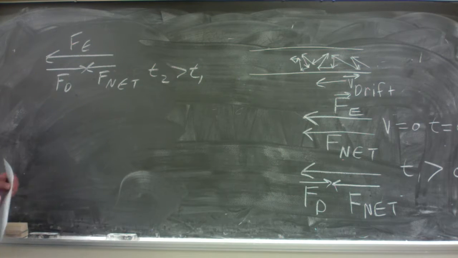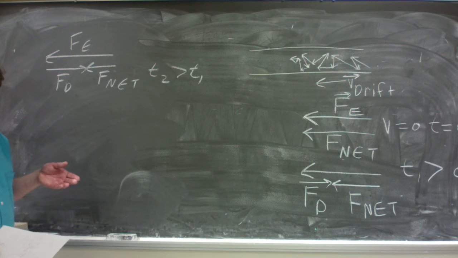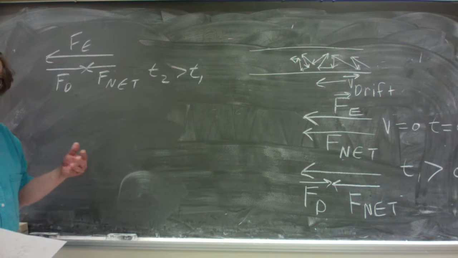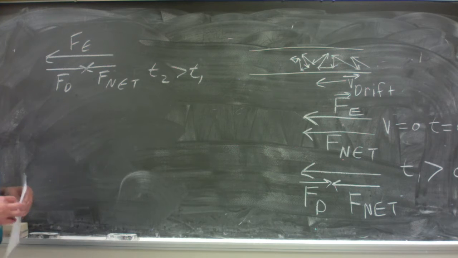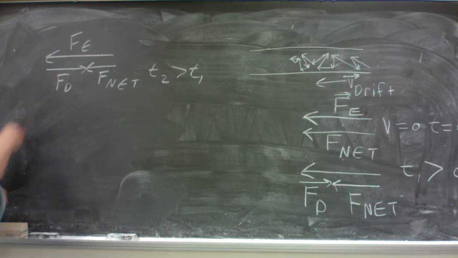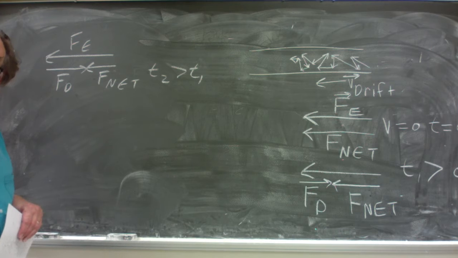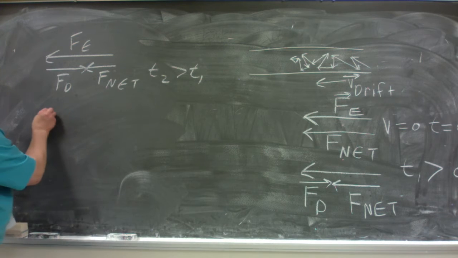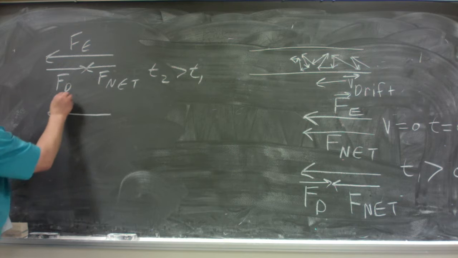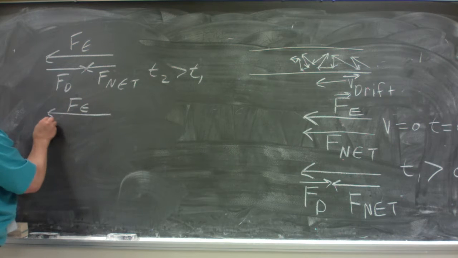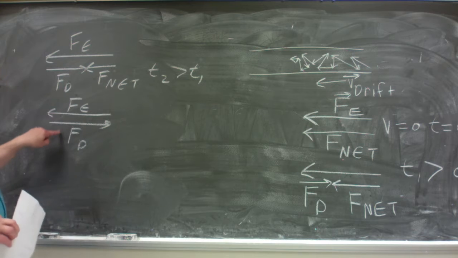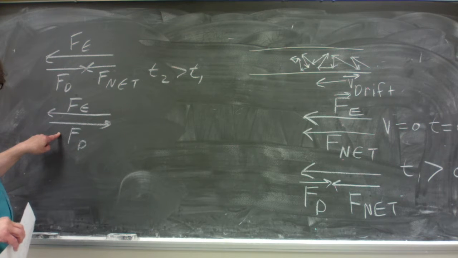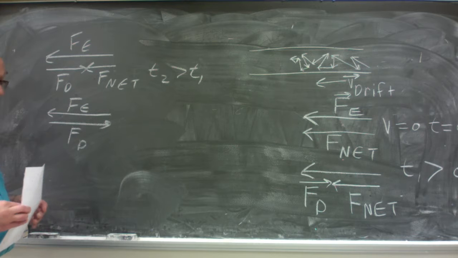And then, after a while, the electrons have increased their speed enough so that the drag force has increased enough that it's now just as big as the forward pushing force from the electric field. And now you have equal size forces pushing in opposite directions, so the net force is now 0.